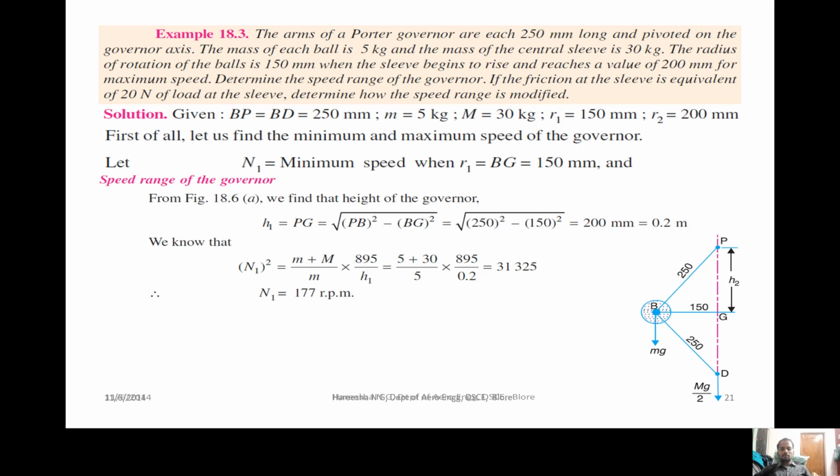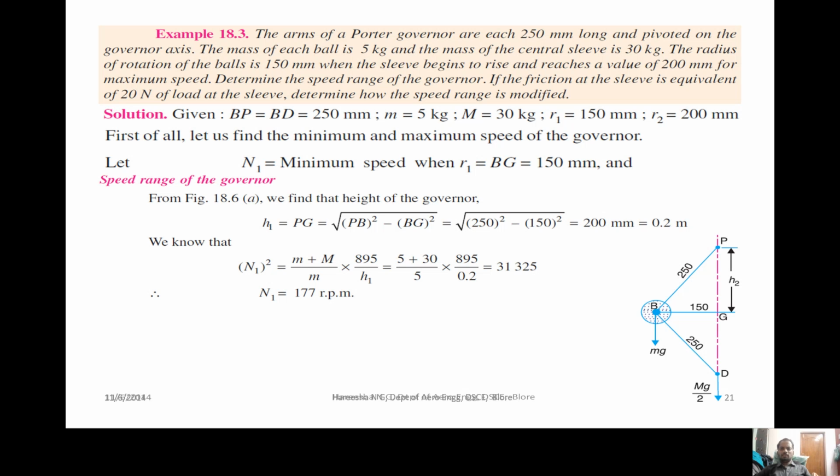We are taking the same: the arms of the porter governor are each 250 mm long and pivoted on the governor axis. The mass of each ball is 5 kg and the mass of the central sleeve is 30 kg. Arm length is the same, the mass of the ball is 5 and the mass of the central load is 30 kg, and the radius of rotation of the balls is 150 mm when the sleeve begins to rise.